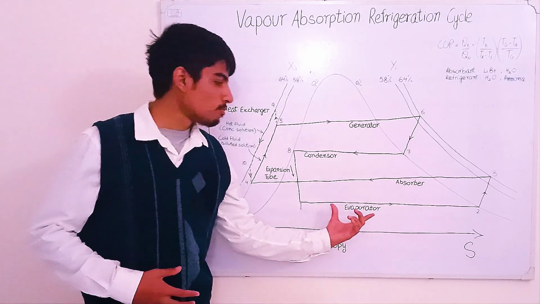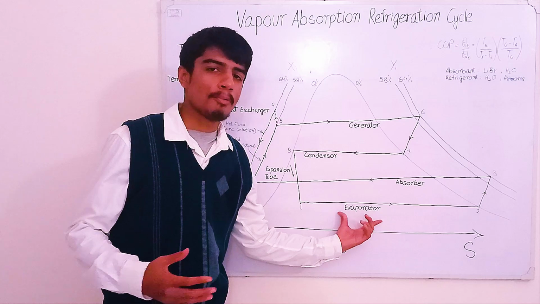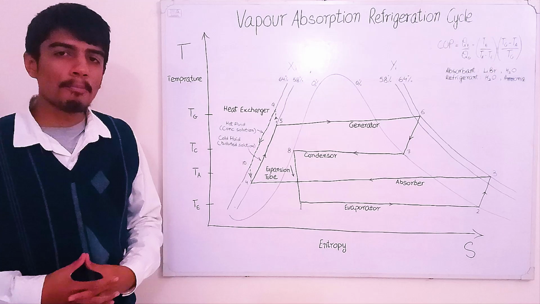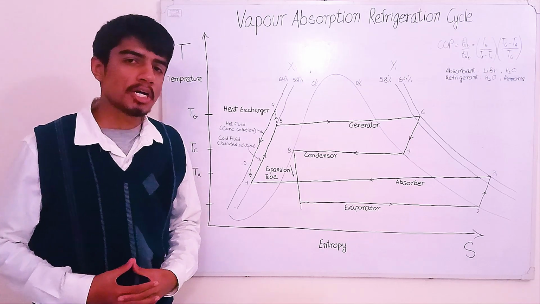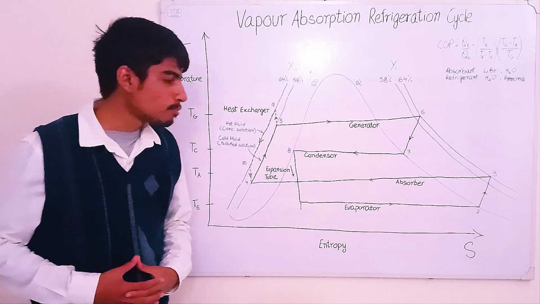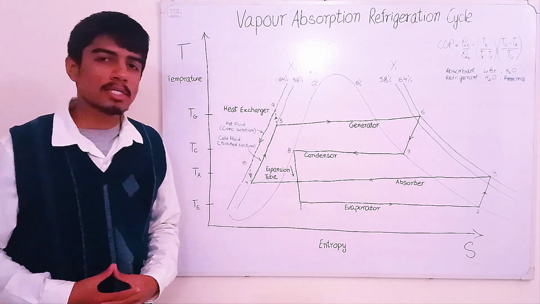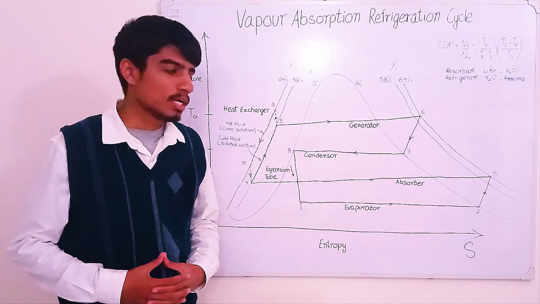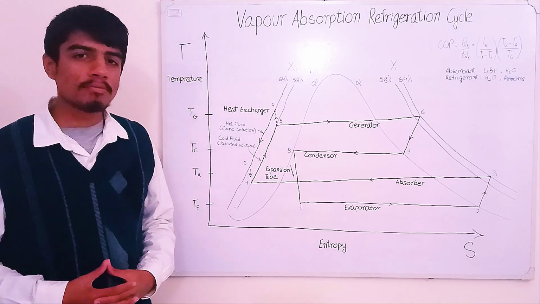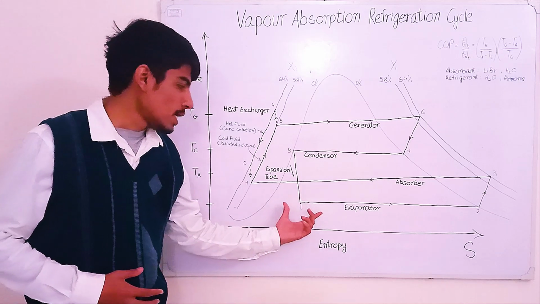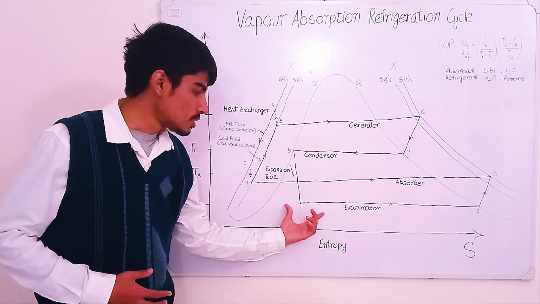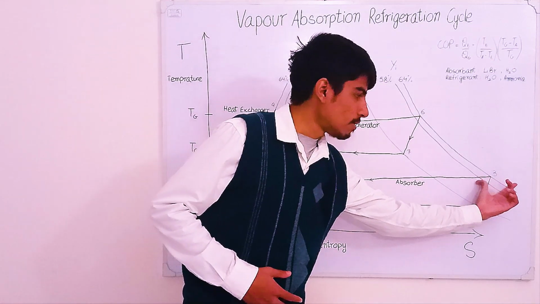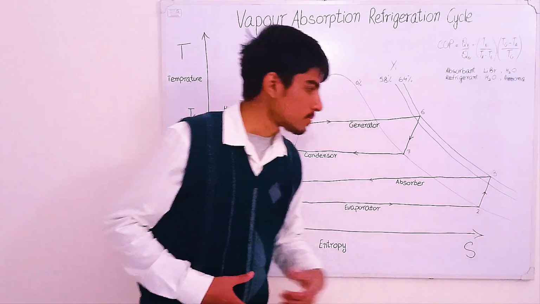If I start from the evaporator, here the evaporator is a shell and tube type heat exchanger. In the shell of the evaporator, showering of refrigerant is performed, while in the tubes of the evaporator, chilled water is circulated. As a result of heat exchange, the refrigerant absorbs the heat of the chilled water, due to which it changes its phase from saturated liquid vapor mixture state to superheated vapor state at the outlet.